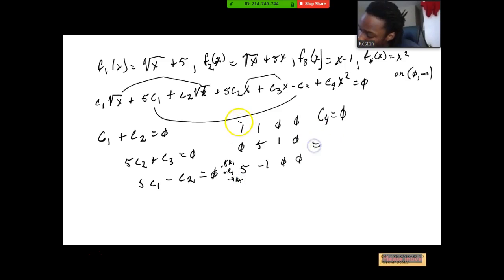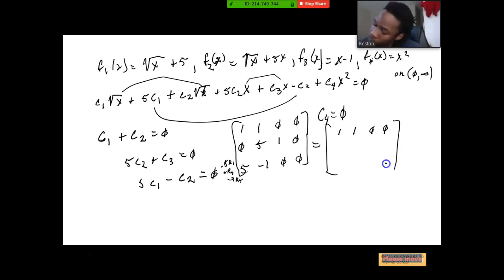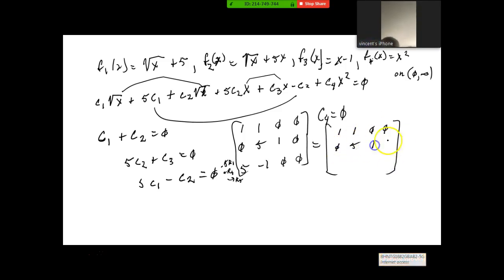So this matrix here becomes, and we really don't need that last column of zeros because they're never going to change. So let's do the rest of it. The first row stays the same, 1, 1, 0, 0. Second row stays the same for now, 0, 5, 1, 0. The new third row is what?